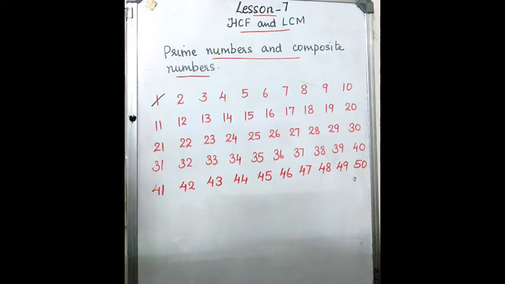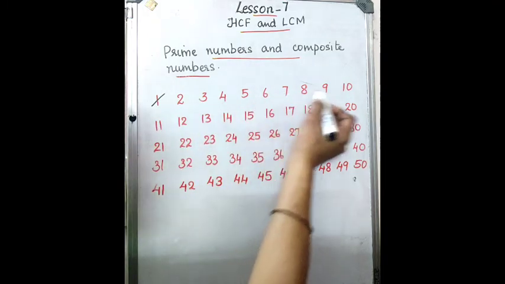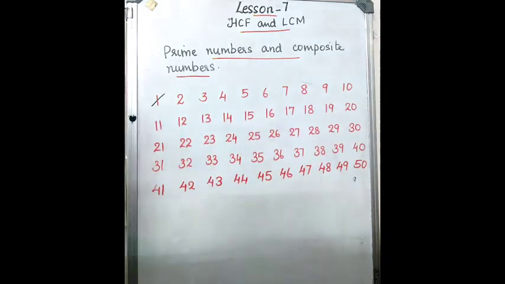Find out the multiples of 2. We know that 4 is a composite number. So all other multiples are composite numbers, that is understood.